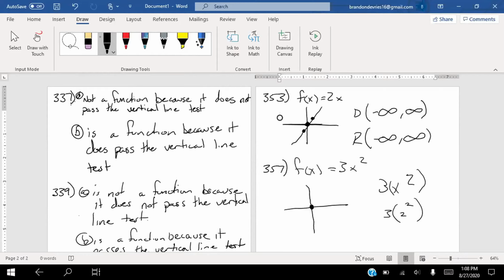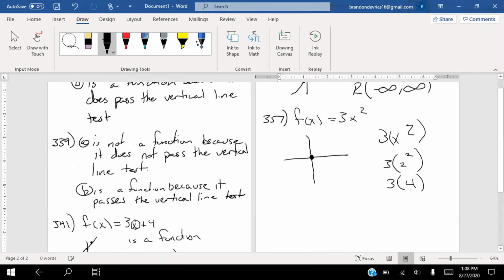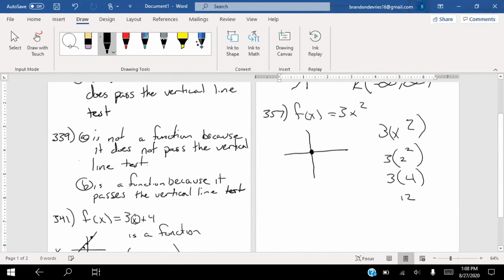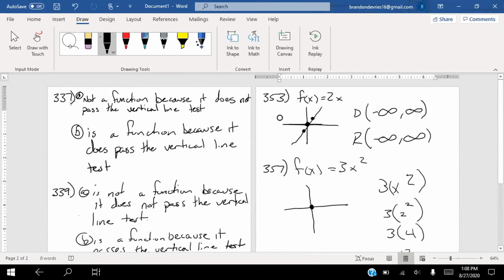So 2 squared is 4, and 3 times 4 is 12. So we plugged in a 2, so we're going to go over 1, 2, and then up 12. So we're just going to put it up here.